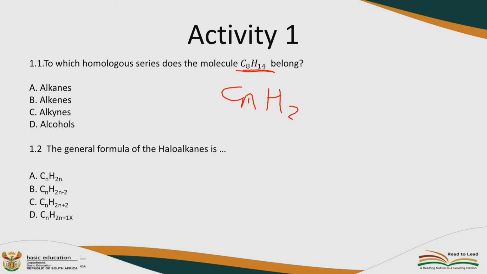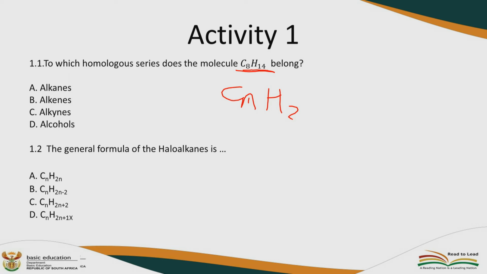For alkenes, we have CnH2n. For alkynes, we have CnH2n-2. So you now have to substitute in this formula, because n stands for the number of carbons that you have.